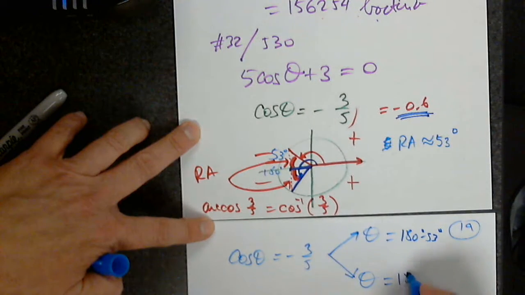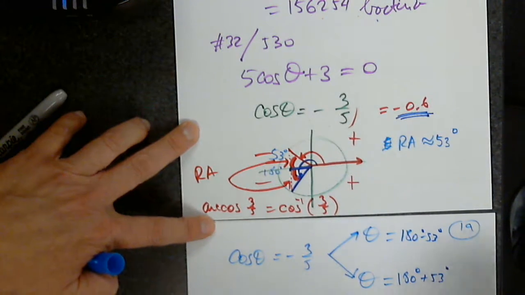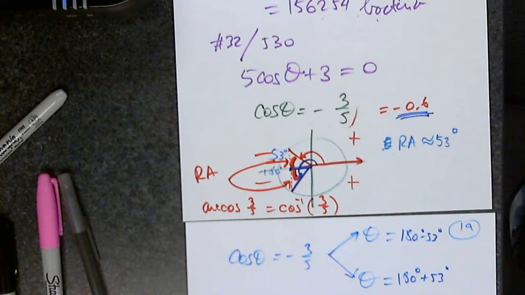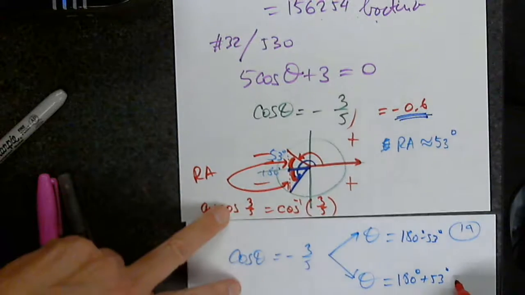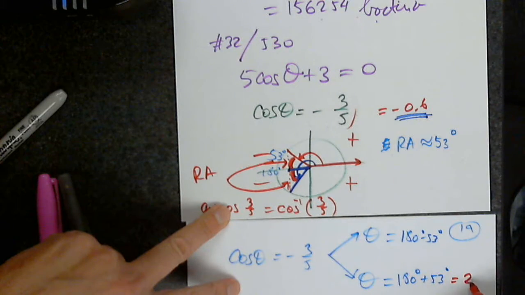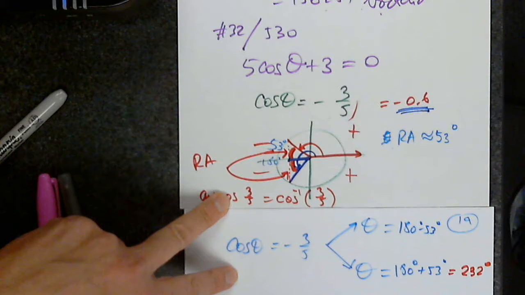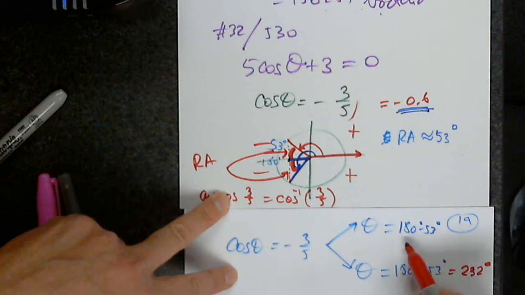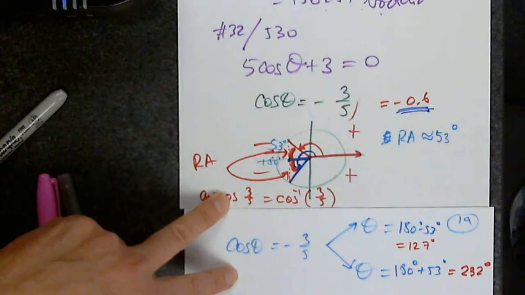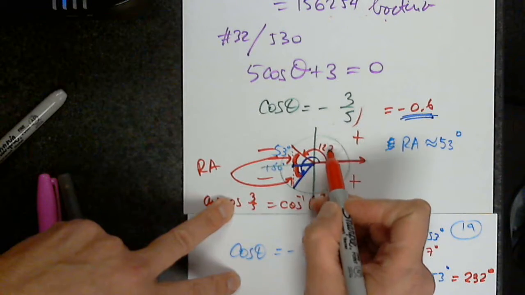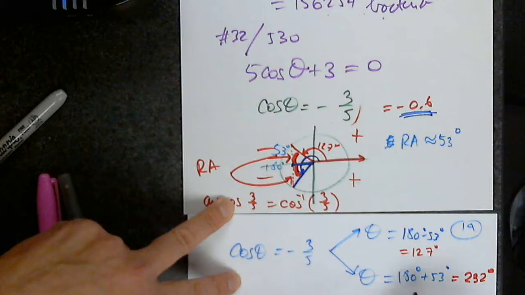And the other option will be 180 plus 53 degrees. So 180 plus 53 degrees is 232 degrees. And 180 minus 53 is 127 degrees. So this is the 127, and this one is the 232.